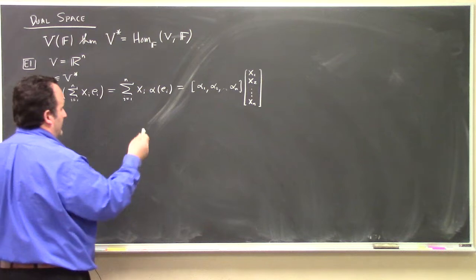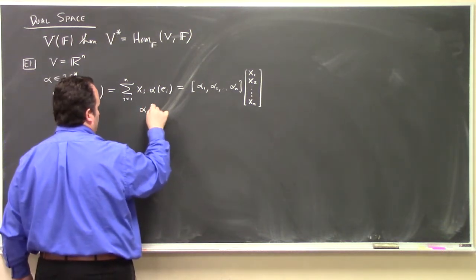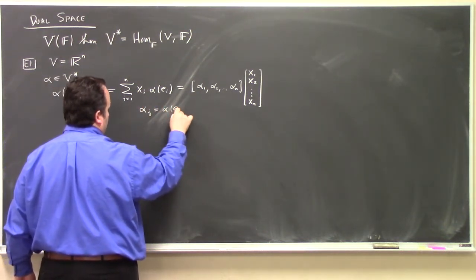Here, of course, I'm letting alpha sub j equal alpha of ej.